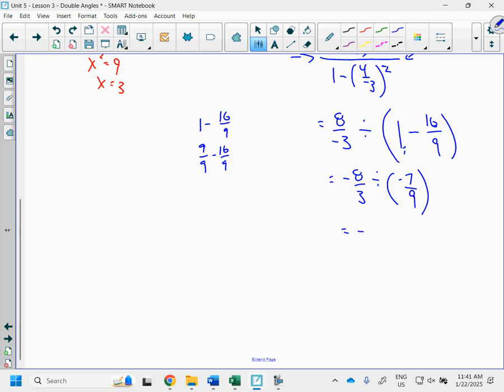Okay, to divide fractions, we've got to flip and multiply. So I'm going to take the second one, its reciprocal, and flip it upside down. You can put this negative sign wherever you want to. I like them on the top. 8 times 9 is 72 over 21. Nice answer, except I think we can reduce that one.